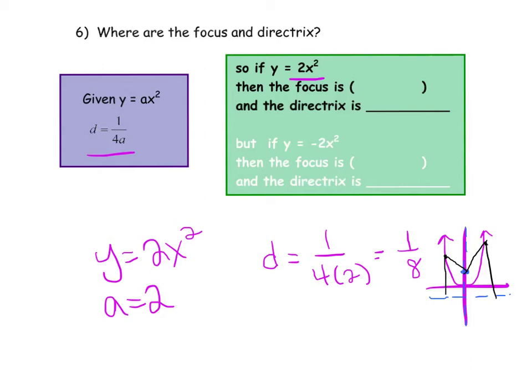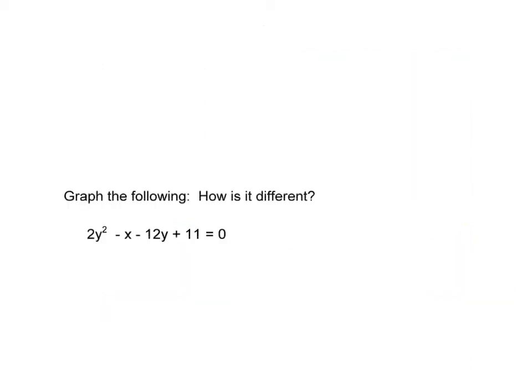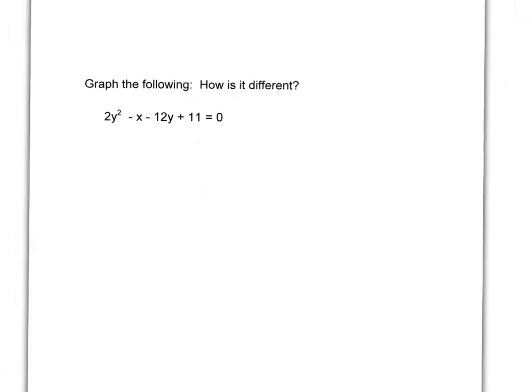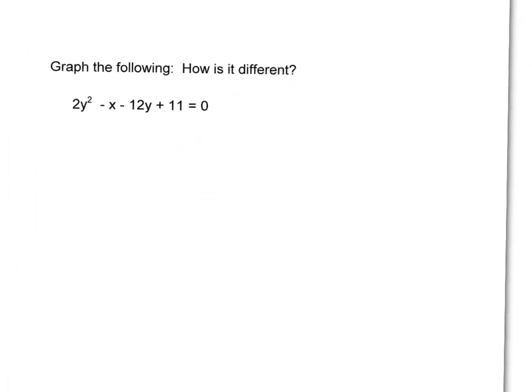So if I look at another example, the next slide changes this up. I have an equation for a parabola, and the reason that it's different is that you have the y squared term instead of the x squared term. So if I were to rewrite this in vertex form, 2y squared minus 12y, I'm going to move the x and the 11 over to the other side of the equal sign.